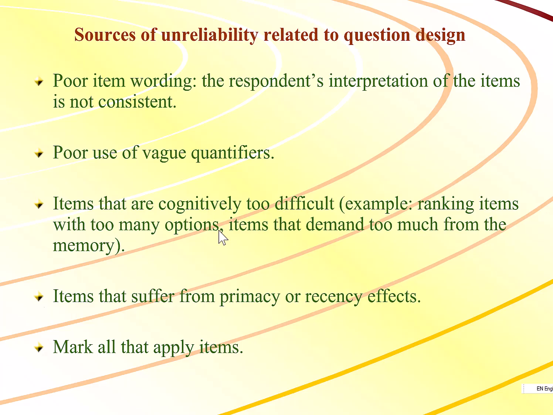And recency effects are for interviewer-administered surveys, where if you have a long list of options, individuals will pay more attention to the last ones that were mentioned, but again, because it varies from person to person, this causes unreliability. Some people can keep long lists of items in their memories better than others, right? And some people may be paying more attention to the list of items than others.